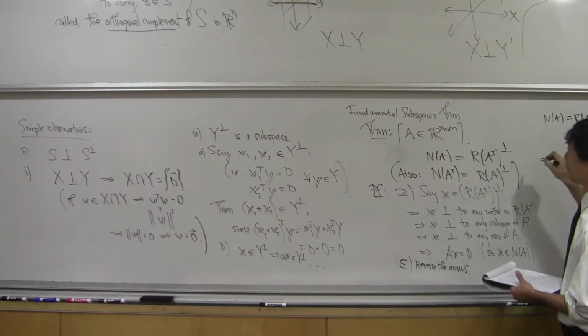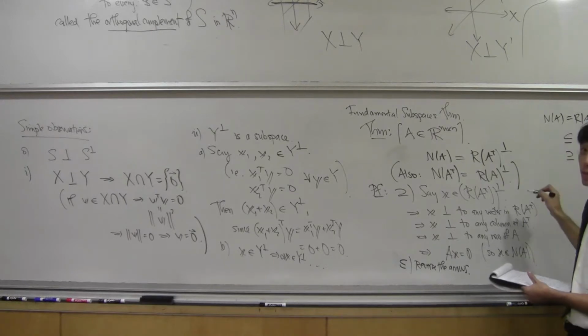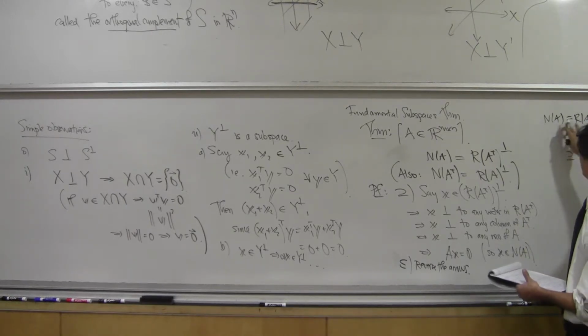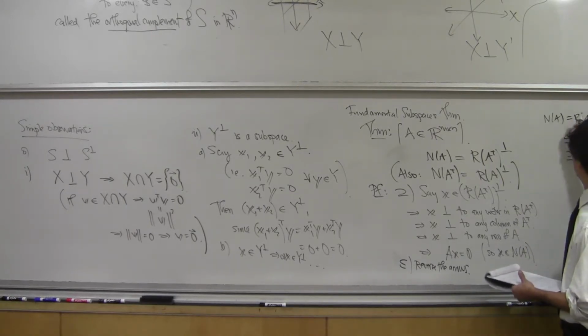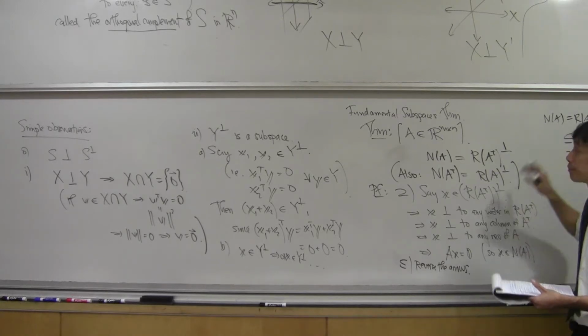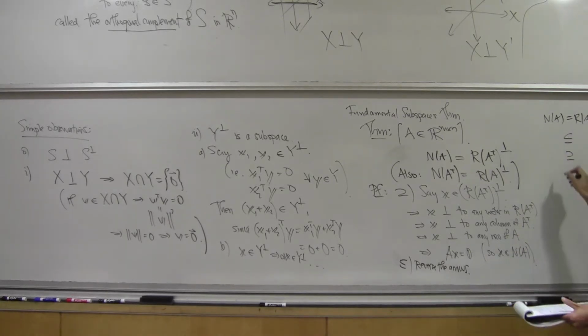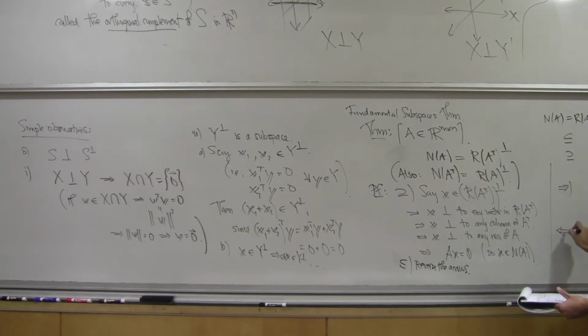I need to show this, and I need to show this. That this is contained in here, and that this is contained in here. It's just like, if I have an if and only if statement, then I sometimes will write this. We prove the forwards direction, we prove the backwards direction. This proof also has two parts.